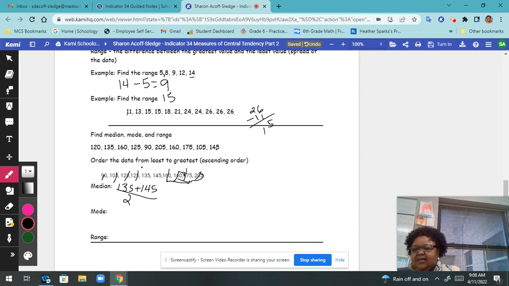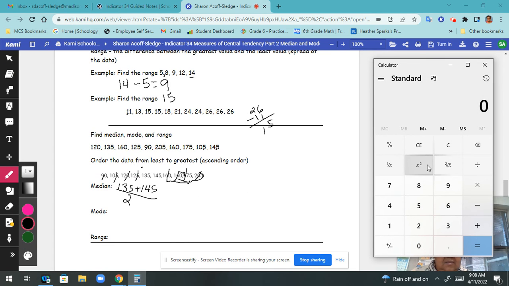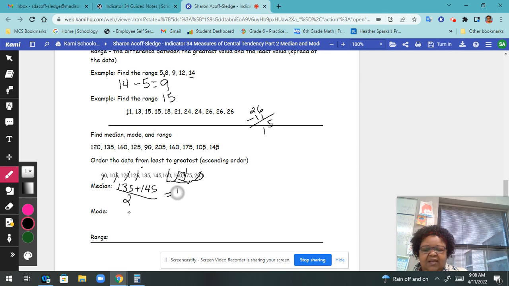I was looking for my calculator, but I used the one on my phone. Well, I'll just use this one. So I'm going to do 135 plus 145 and then divide that by 2. So that's 140. You can kind of see that 135, 140 would be halfway in between those. So my median is 140.